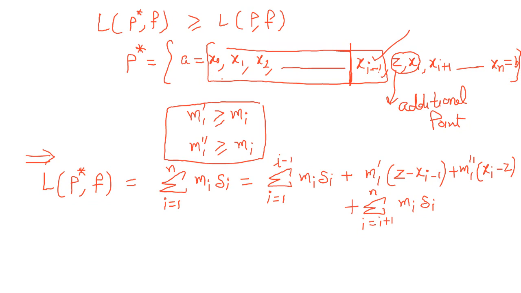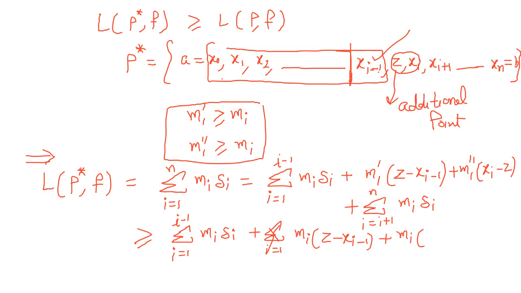As m1 dash is greater than mi, you will write greater than or equal to summation i equal to 1 to i minus 1 of mi delta i, plus mi times (z minus x(i-1)), plus, since m1 double dash is greater than or equal to mi, mi times (xi minus z), plus summation i equal to i plus 1 to n of mi delta i.